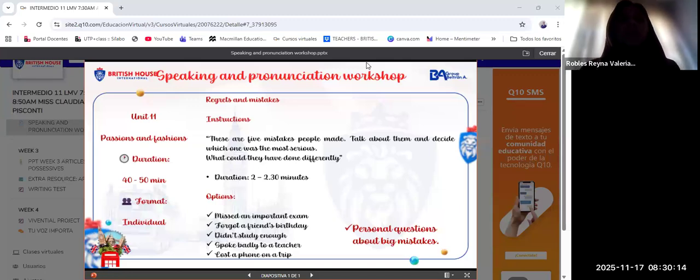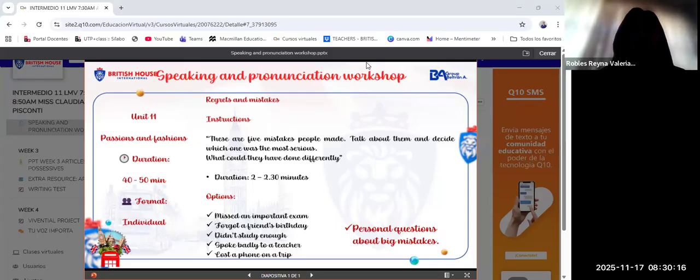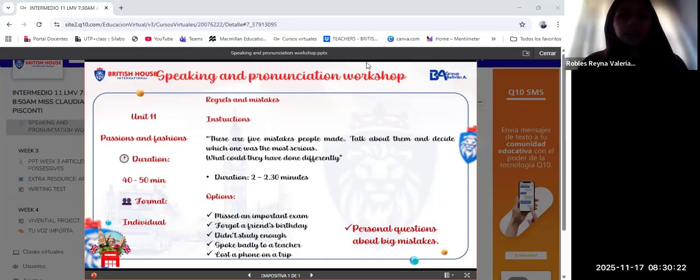In that situation, they could have kept the phone in a safer place, like a pocket or a small bag. And they should have been more careful because the phone has so much important information.